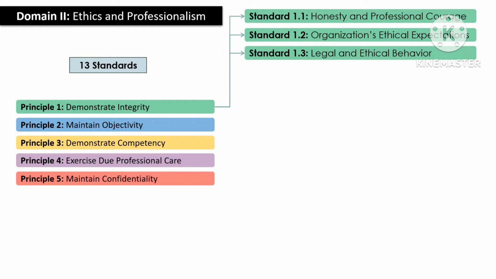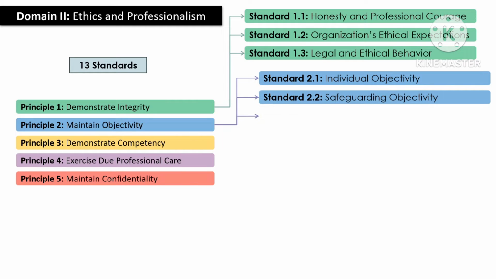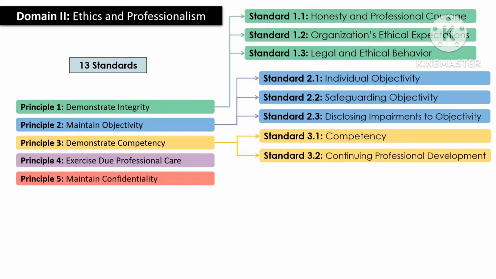For the second principle, which is maintain objectivity, the standards are 2.1 individual objectivity, 2.2 safeguarding objectivity, and 2.3 disclosing impairments to objectivity. Third is demonstrate competency, which is covered by the standards 3.1 competency and 3.2 continuing professional development.